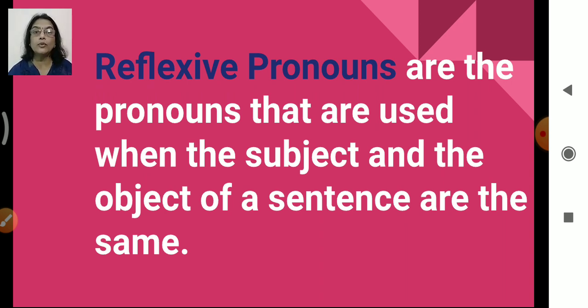That means about whom you are talking? You're talking about yourself only, right? So here you will use reflexive pronouns, right? I looked at myself. So you're talking about whom? Yourself only. So I looked at myself. She hurt whom? Herself only. Followed? So that is reflexive pronouns.